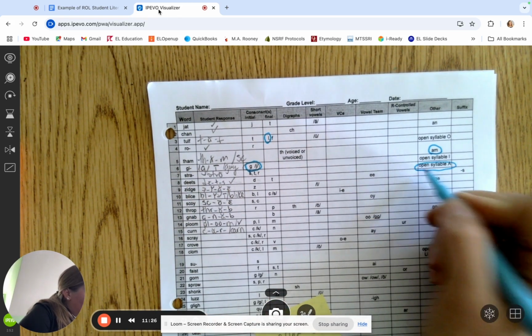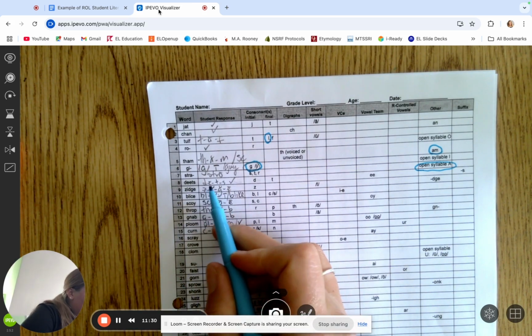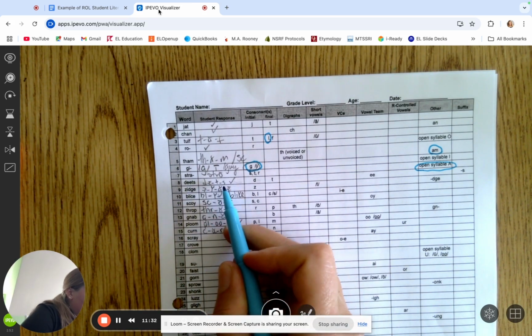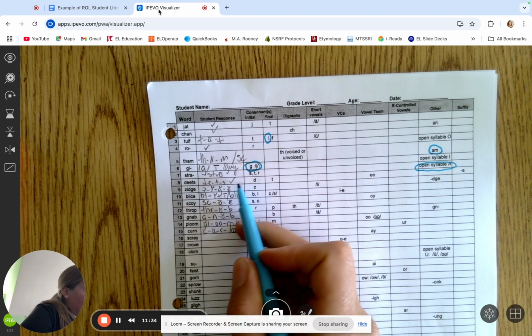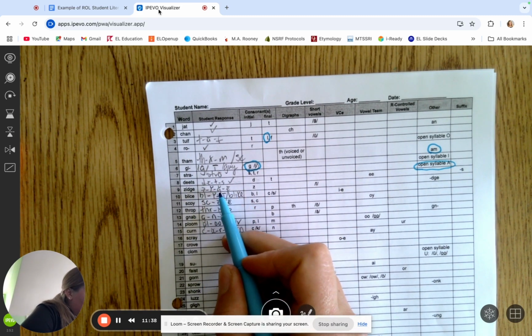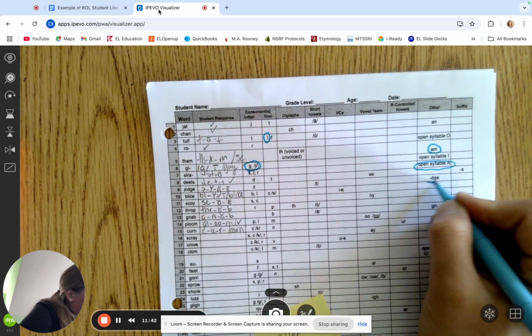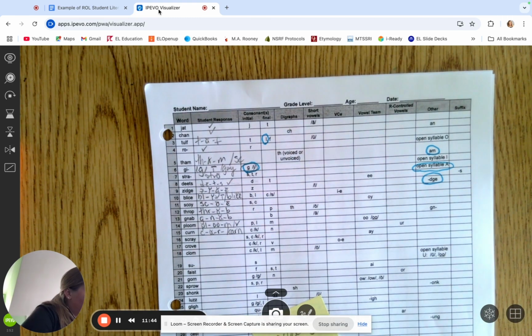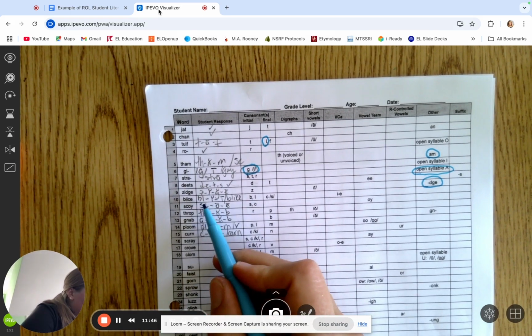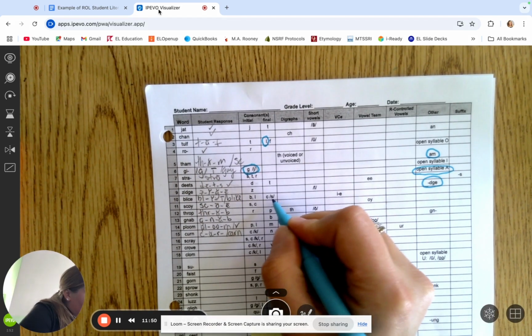Stro for stray. So this is the open syllable, learning when a vowel's at the end, it says its name. D, E, T. So the student just went sound by sound and then said D's. Z, I, G, E. Okay, so the student needs to learn D, G, E says J. Bl, I, I like. So a couple things going on here.